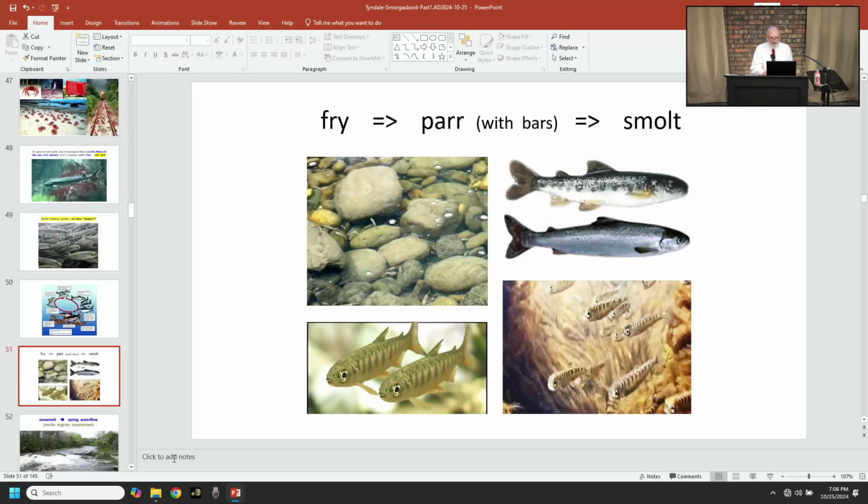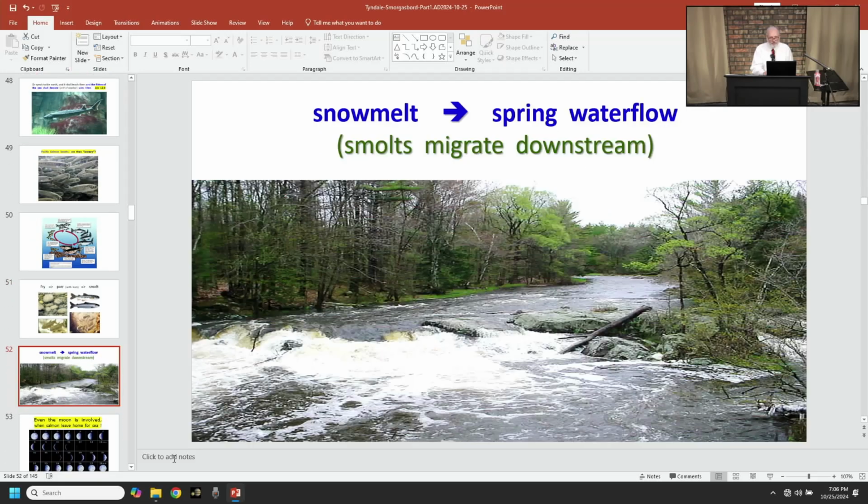So when they become smolt, that is, once they start getting these little bars on them, and then the bars start to go away and they become silvery, that transition from bar to smolt will happen in the springtime. And of course in many of the places where they are, the snow is melting, so you have a lot of water washing downstream.